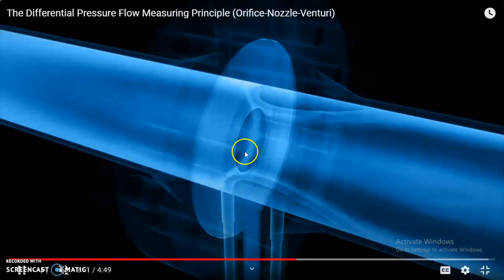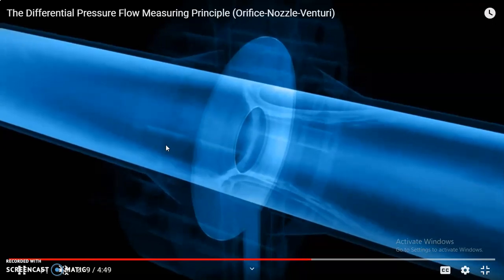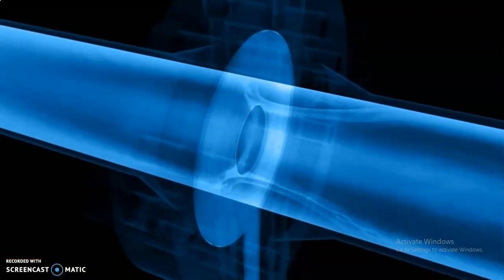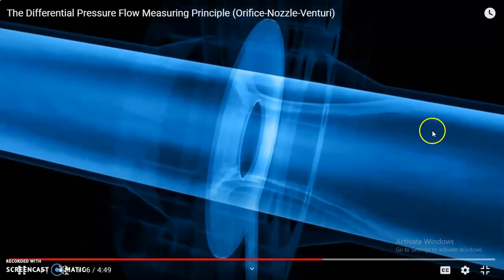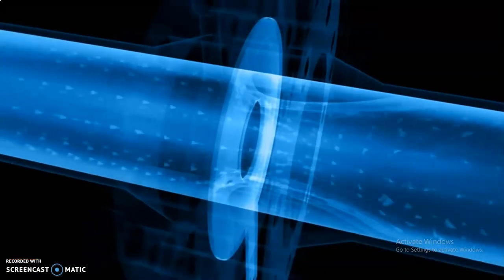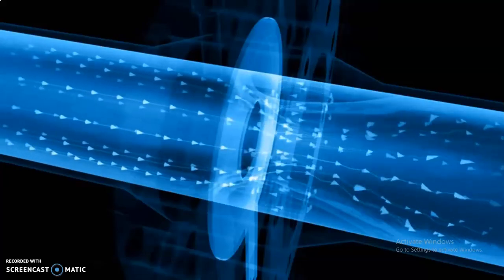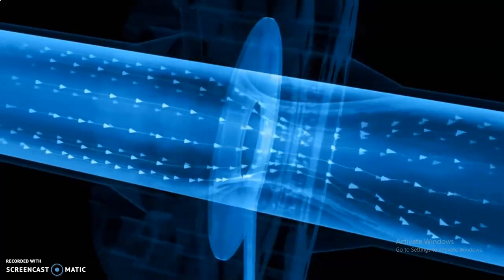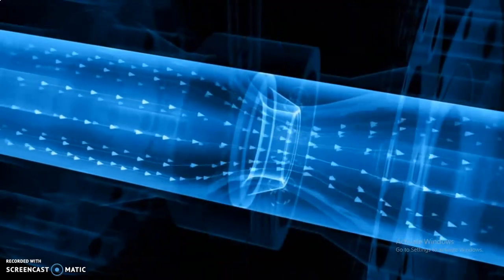You can see here, in the convergence, if the velocity is more, your pressure will be high. In the divergence part, the velocity depends on the pressure. In the downstream, if the fluid comes out of the orifice, your pressure becomes minimum.